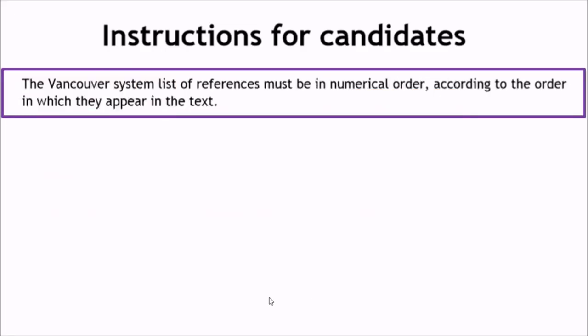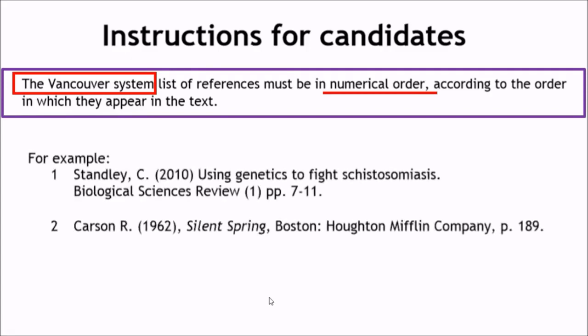If you have gone for the Vancouver system, you list them in numerical order based on the order in which they appear in your text. So Stanley appears in your document before Carson, so they're listed numerically.